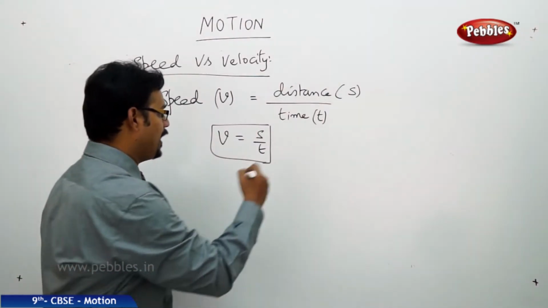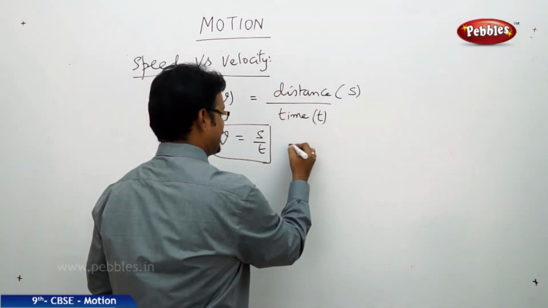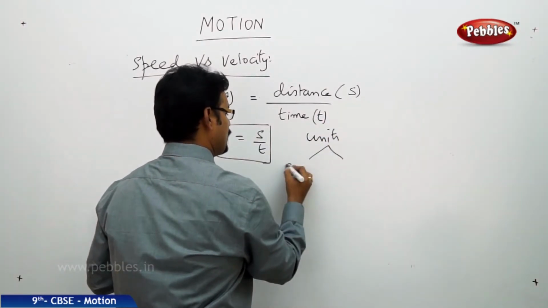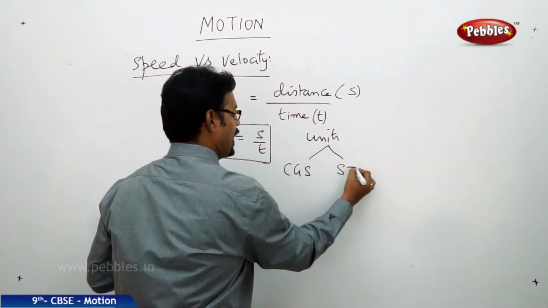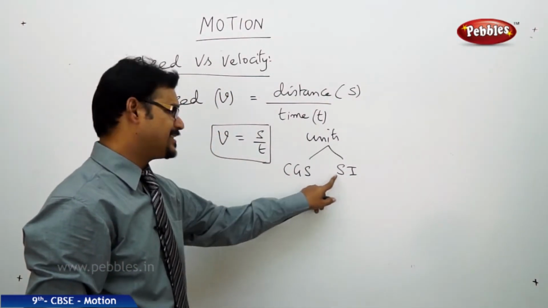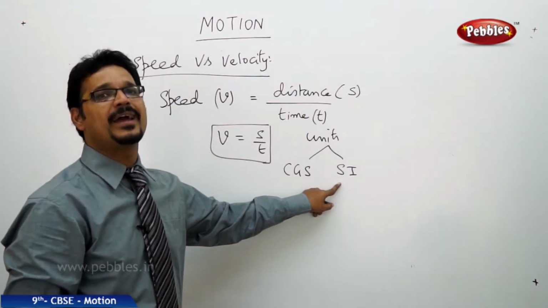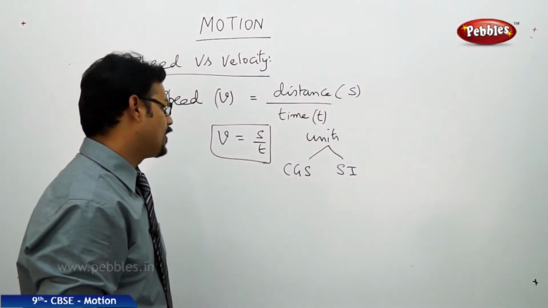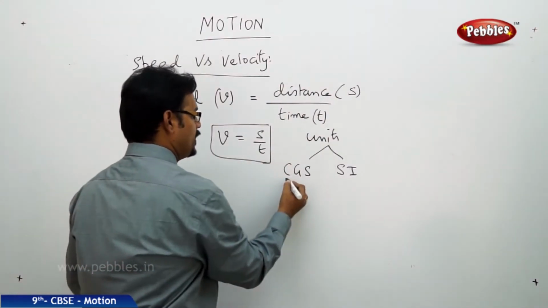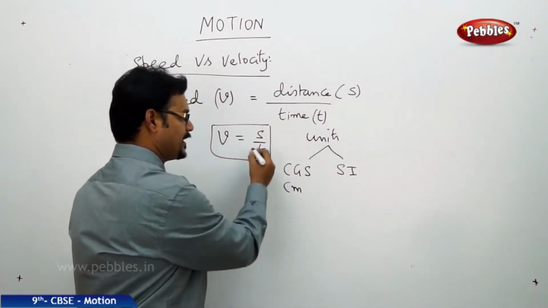Now coming to this formula, what are the units? If you see the units, we have CGS and we have SI. CGS is centimeter gram second; SI is also called the MKS system. Now what is the CGS unit of speed? Distance unit is centimeter, time unit is second.